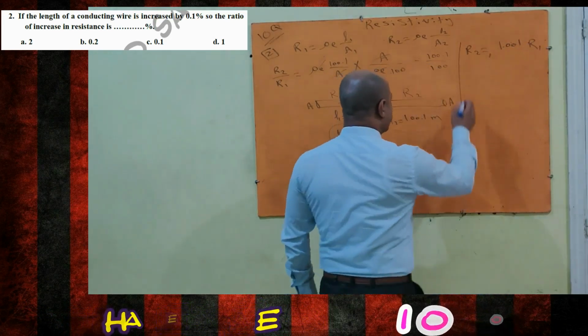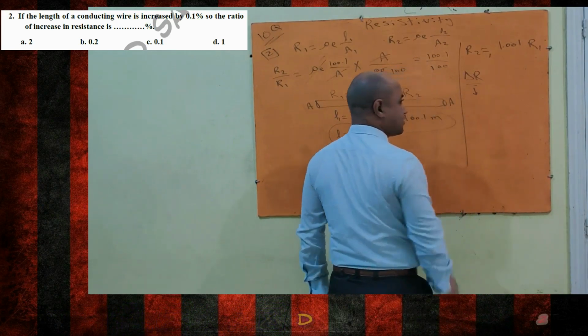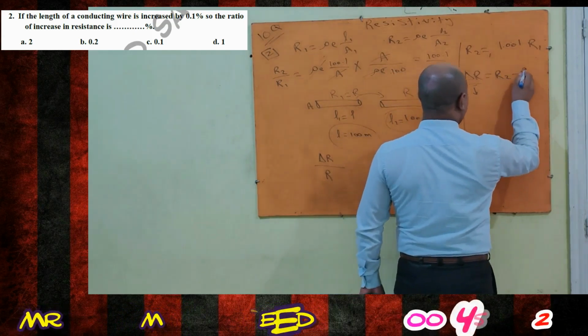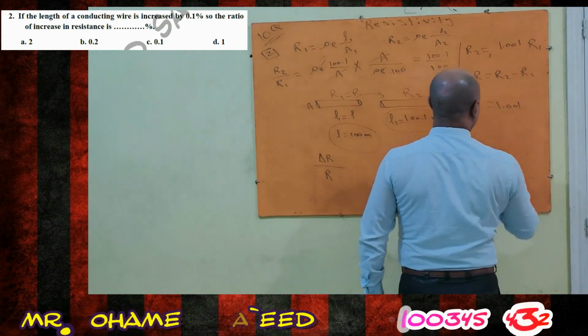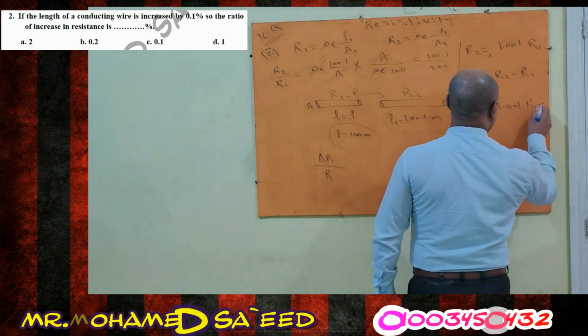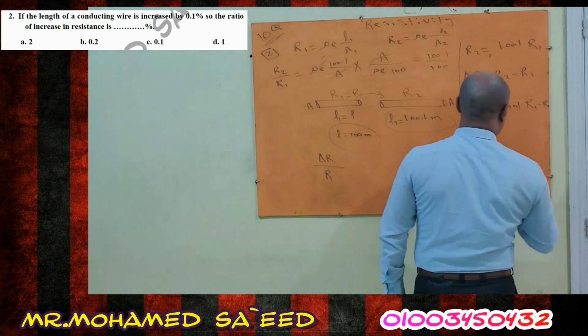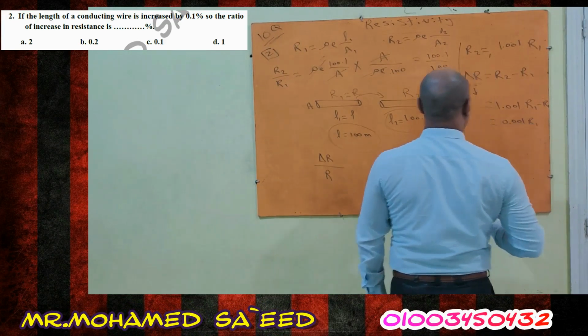So delta R equals what? The increase. Delta R means the increase in resistance. The increase in resistance equals R2 minus R1. R2 equals what? 1.001 R1 minus R1. So by subtracting, it equals 0.001 R1.